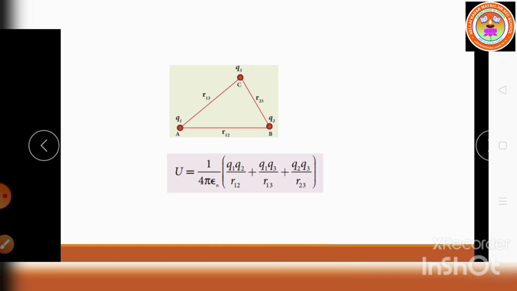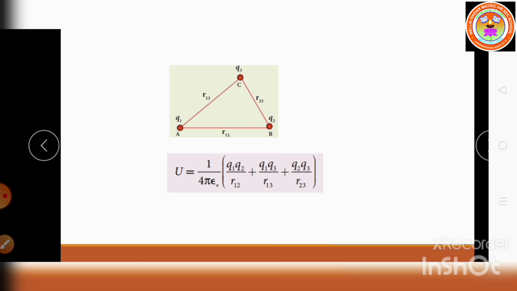So, children, note that this stored potential energy U is equal to the total external work done to assemble the three charges at the given locations.